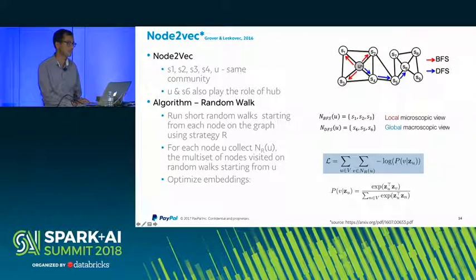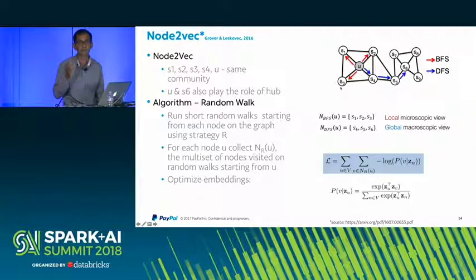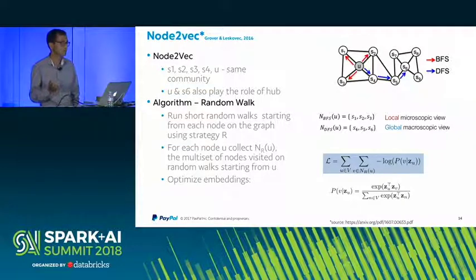For example, U is a node, and you want to learn a representation for node U, where the nodes along its neighbors, S1, S2, S3, S4, all have to have similar node embeddings, because they are all in the same neighborhood, right?